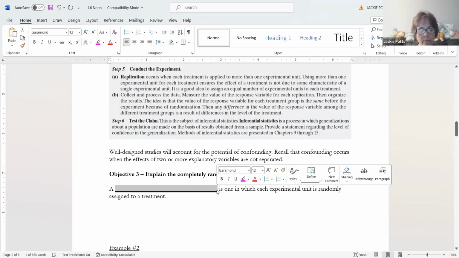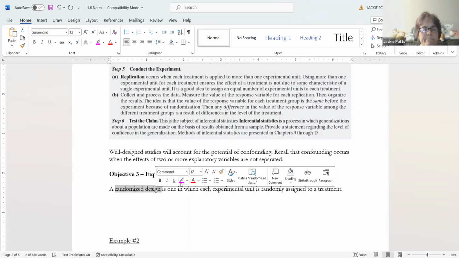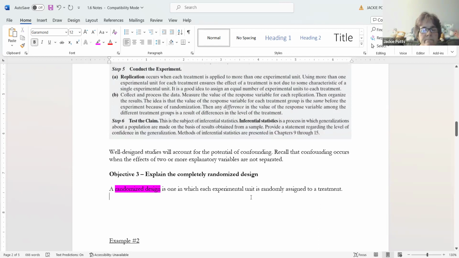All right, next definition. A randomized design is when each experiment unit or each subject is randomly assigned to a treatment. That's the official term.